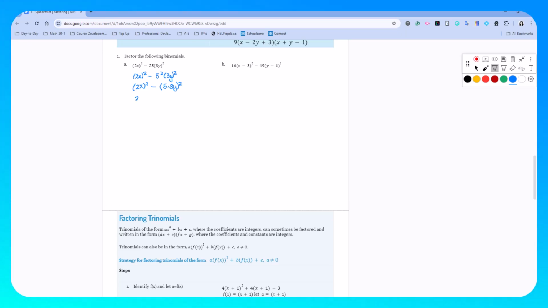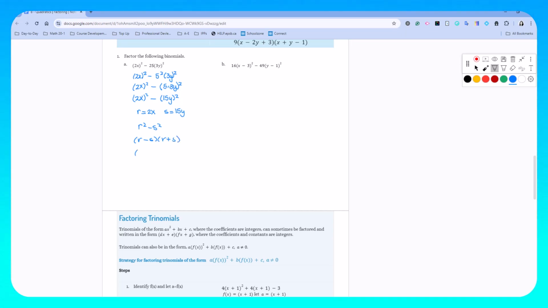This is just going to simplify things for us when we substitute r and s. So inside the brackets here, I get 15y. Well, that means if I substitute r equals 2x and s equals 15y, I get r squared minus s squared. And that's going to give me (r minus s) times (r plus s) as factors.